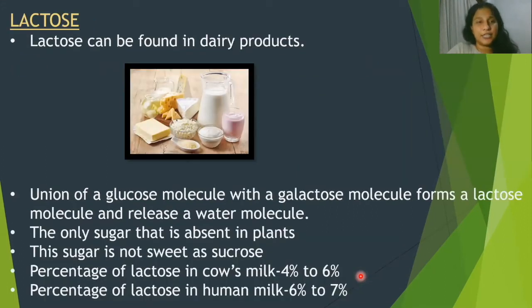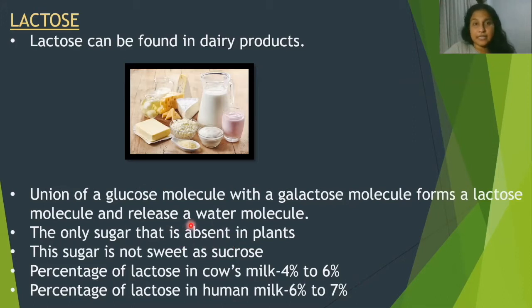And lactose. I hope you all can remember galactose. Lactose can be found in dairy products, and the union of a glucose molecule with a galactose molecule forms a lactose molecule. It also releases a water molecule, and this is the only sugar that is absent in plants.